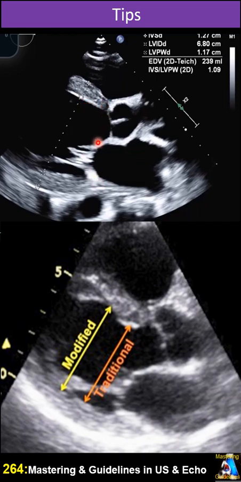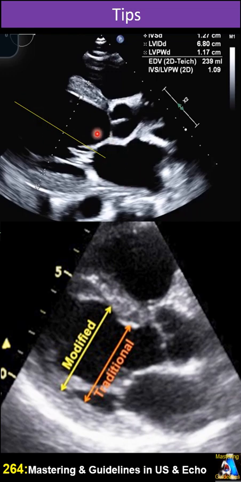And for the left ventricle, our spot is exactly at the level of the tip of the mitral valve closing in diastole, and our direction of measurement should be perpendicular to the left ventricle long axis. This is the left ventricular long axis, and our measurement should be perpendicular or orthogonal to this axis.